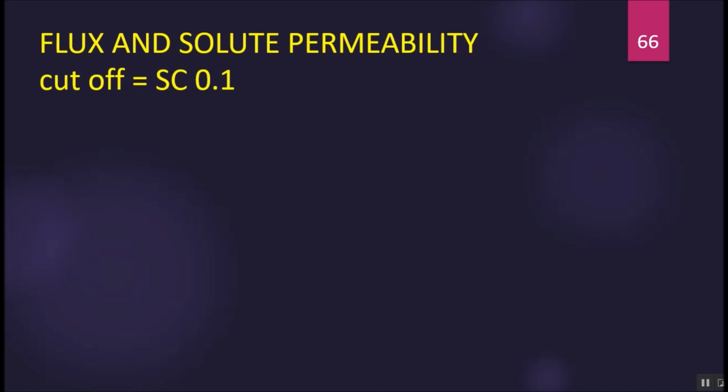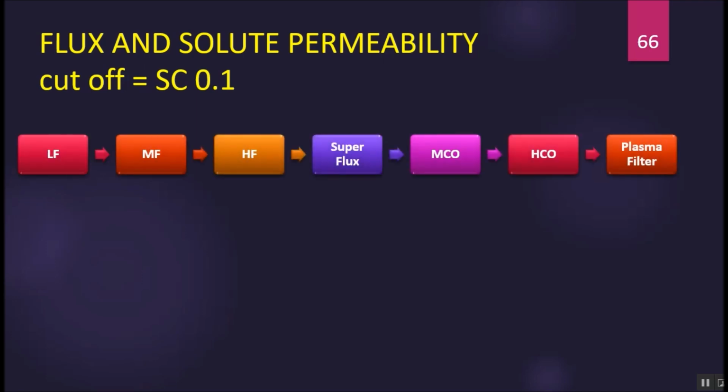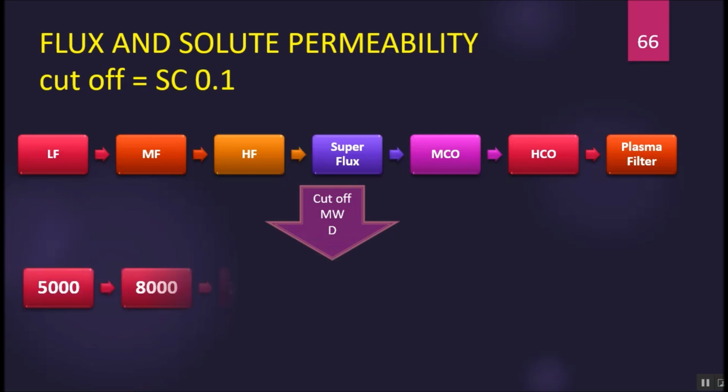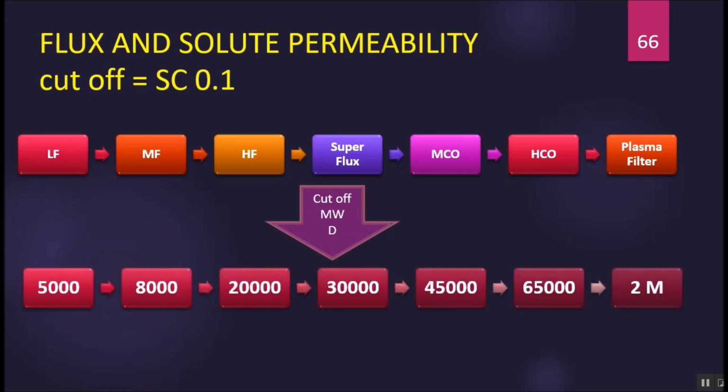So flux and permeability with a cut-off means the maximum molecular weight that could be removed. And this is the molecular weight of the majority of toxins. If you go here, the high flux membrane can remove up to 20,000 to 30,000 according to the membrane permeability.